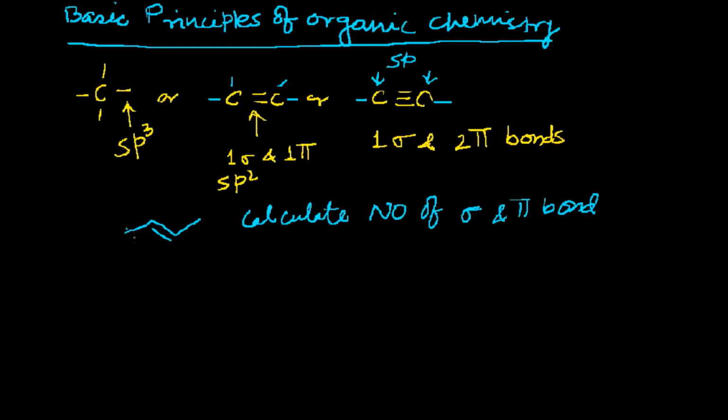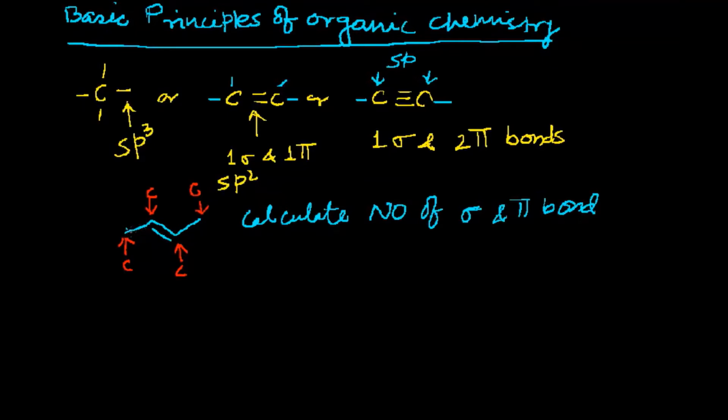All the endpoints of a zigzag chain represent carbon. So here it is carbon, this is again a carbon, here is again a carbon atom, here is again a carbon atom. Based on this, how many bonds are shown?